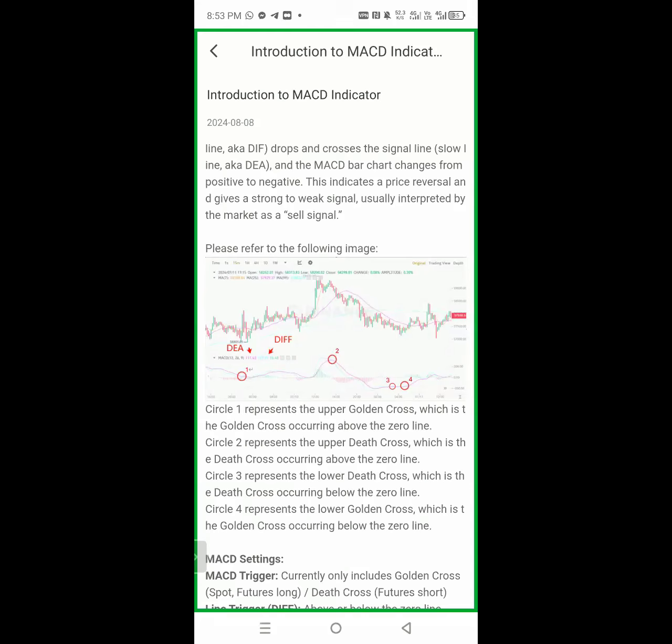When you see the MACD line in the lower region, also from up, still dropping, crossing the purple line, when you see it drop and cross down, it's called the death cross happening in the lower region. Then cycle 4 represents the lower golden cross, which is the golden cross occurring in the lower region, below the zero line.